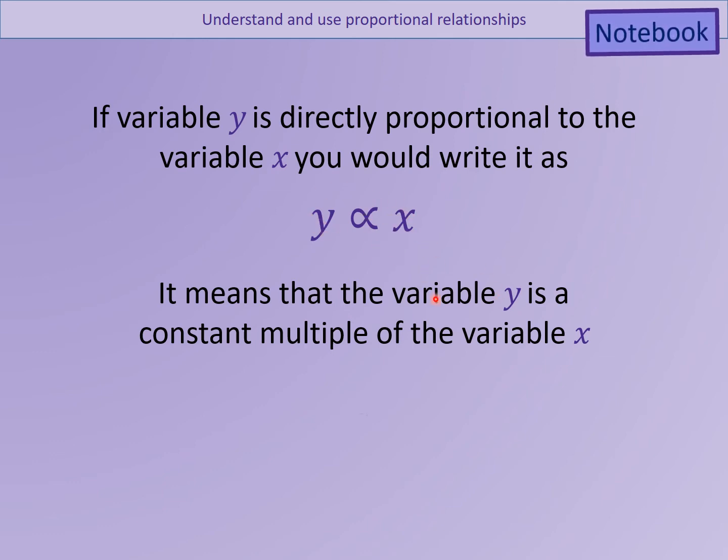We can rewrite it using an equal sign and a k value as that constant. So y is proportional to x and it is k multiples of x. I don't need to worry about proportionality symbols. I do need to worry about making a proportionality equal k. That's the key part.